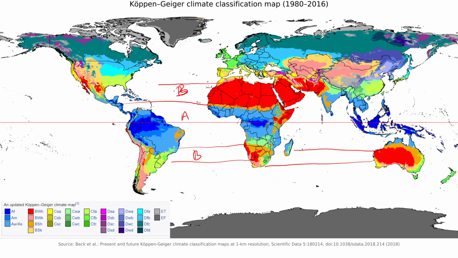Okay, B. Then comes C, which is the humid mesothermal. So now, if you remember, it was the warm, temperate type of climate. So between 30 and 45.